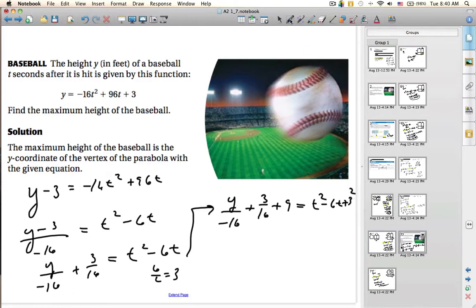Okay, when I simplify here, I know I'm going to have y over negative 16, that's still there, is equal to 3/16 plus 9. Well, how many 16ths is 9? It's 144/16.